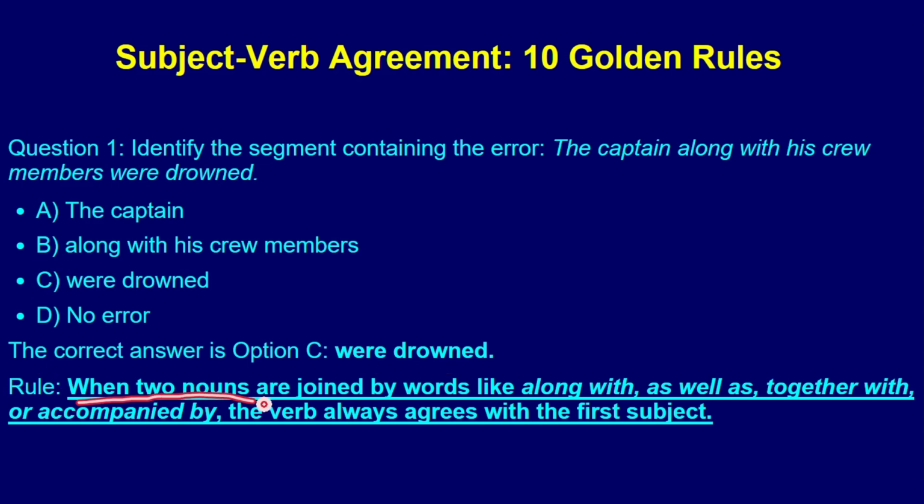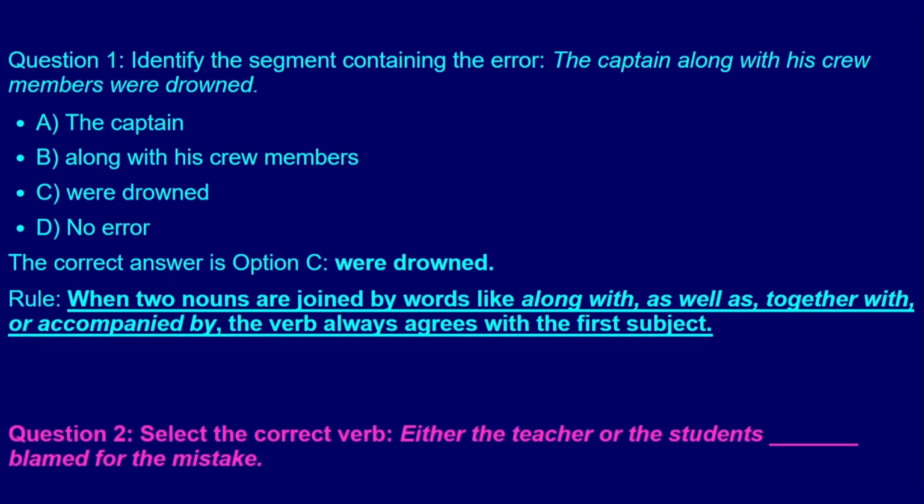When two nouns are joined by words like along with, as well as, together with, or accompanied by, the verb always agrees with the first subject. Here, the first subject is the captain, which is singular. Therefore, change were to was.